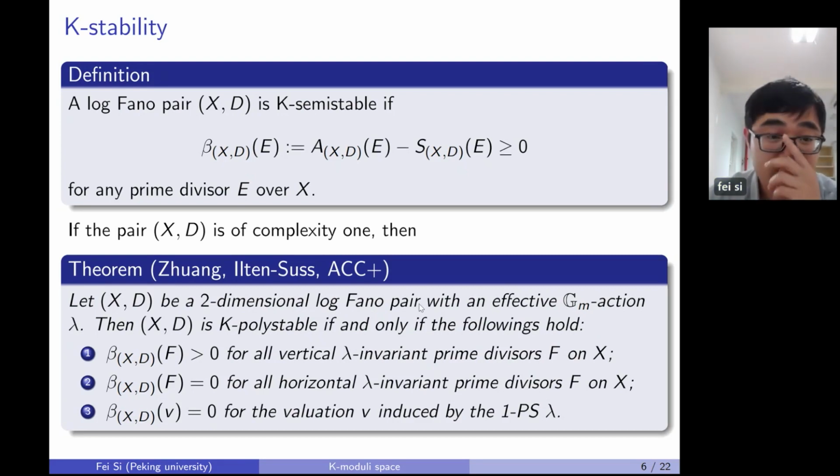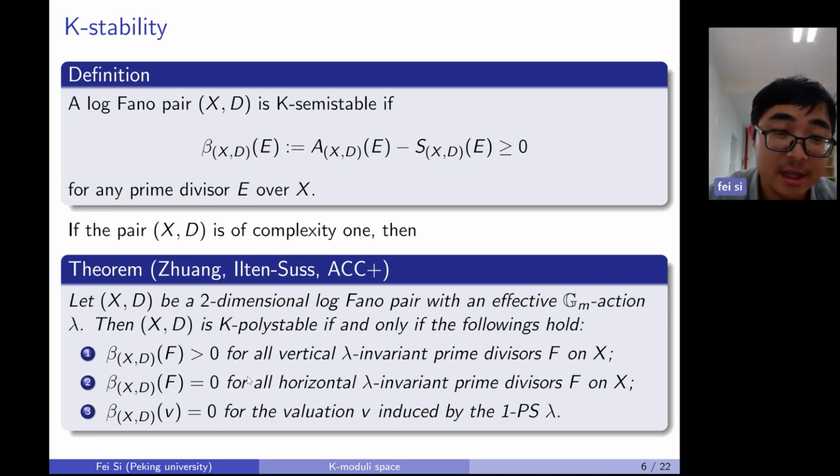Then the equivariant K-stability criterion says that if you want to check this pair is K-polystable, you only need to check these particular divisorial valuations. The first are the so-called vertical prime divisors, that is, those whose orbit under this torus action is one-dimensional.